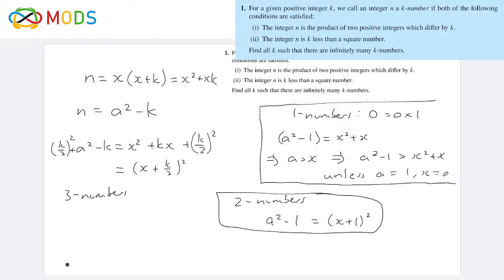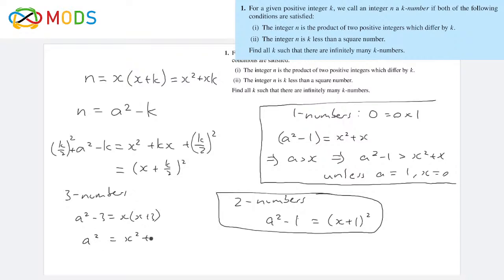All right, 3 numbers. Are there any 3 numbers? We have a squared minus 3 equals x times x plus 3. Surely, okay, hang on.